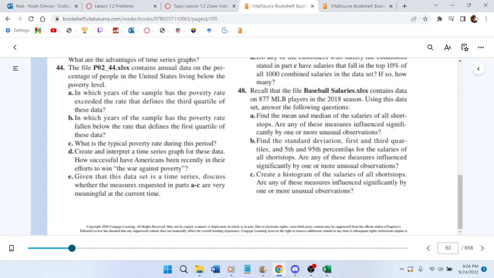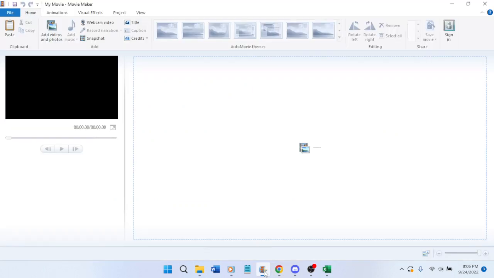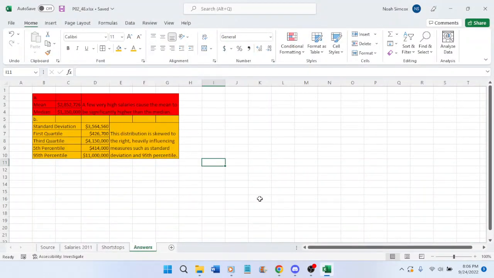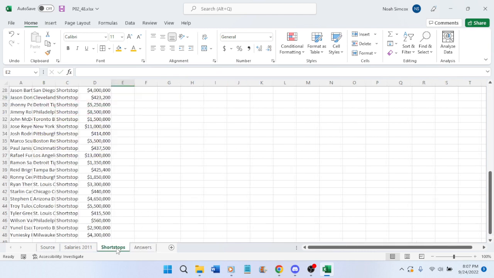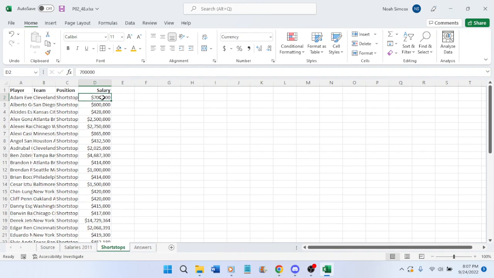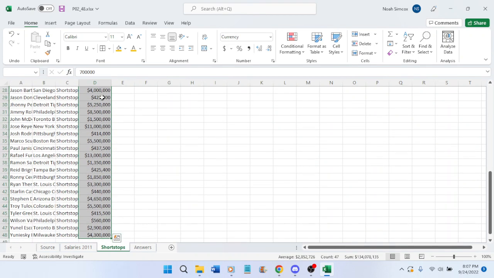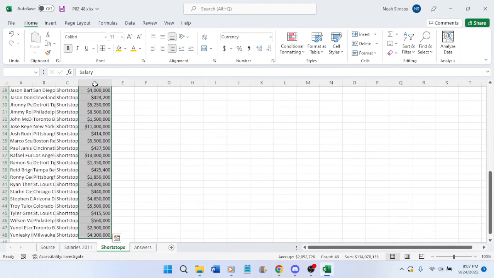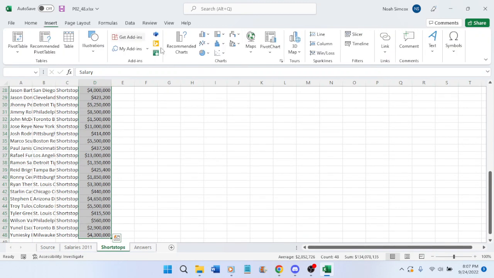Create a histogram of the salaries of all shortstops.